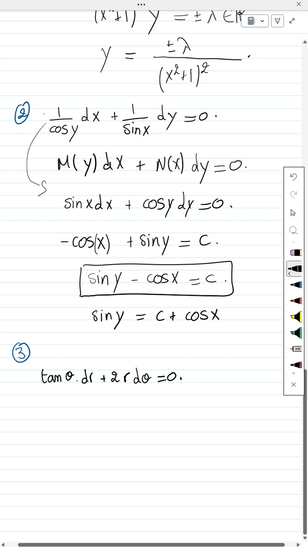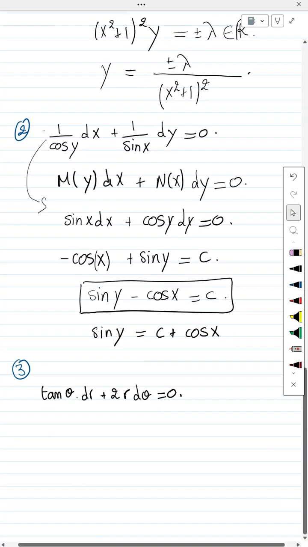In this example, we have m theta dr plus nr d theta. So what should we do? We just need to divide here, and plus 1 over tangent theta is equal to 0.